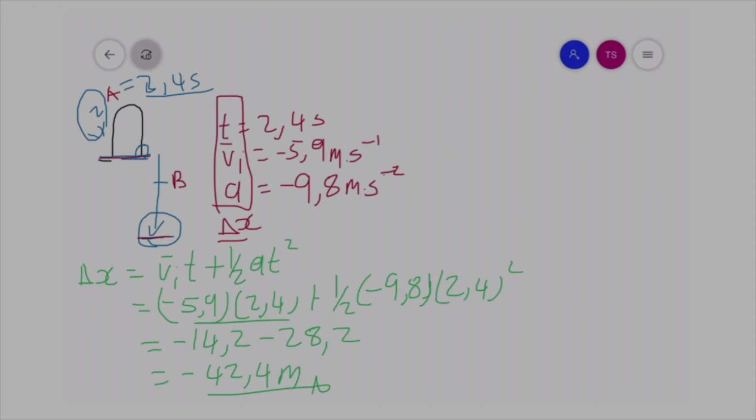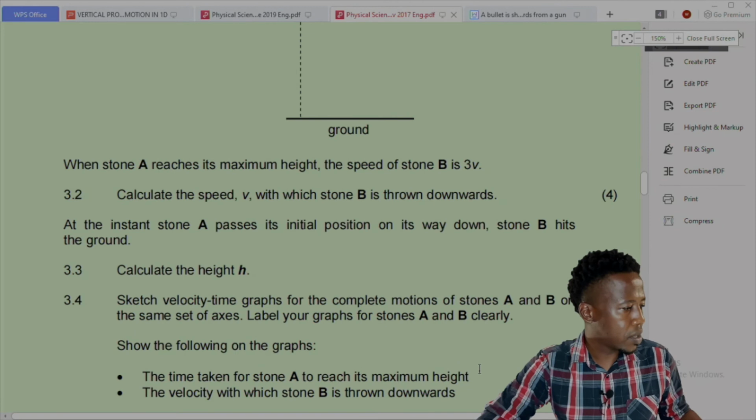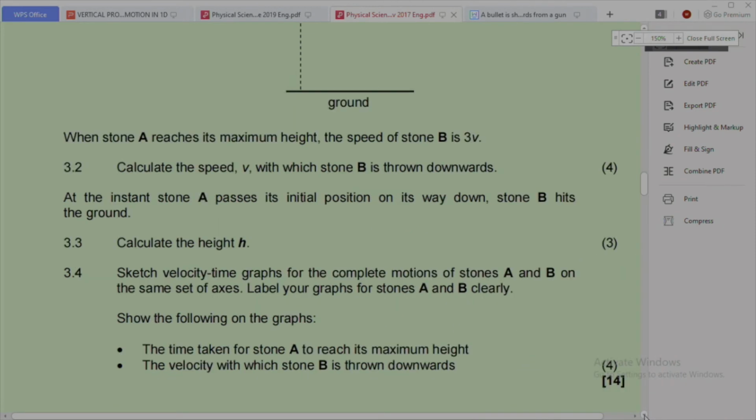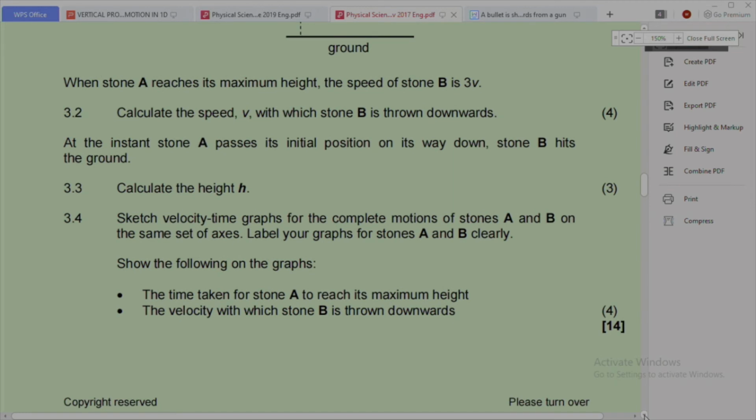Now the next question, 3.4. They say sketch velocity time graph for complete motions of stone A and stone B on the same set of axes.